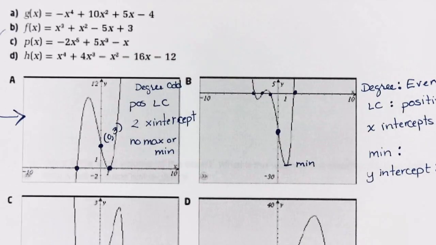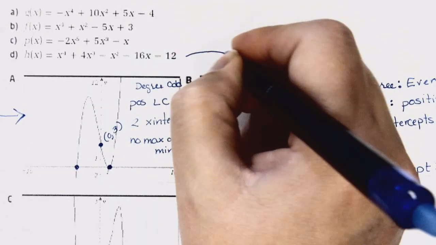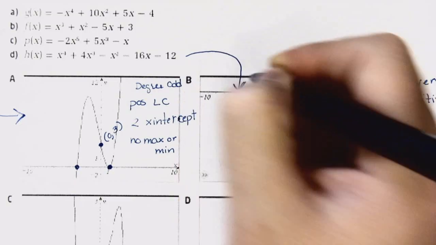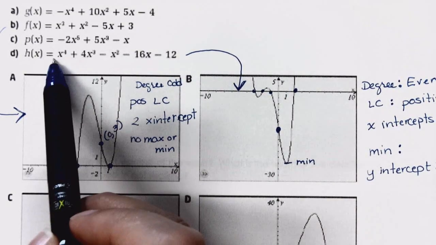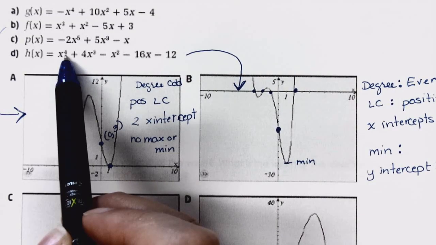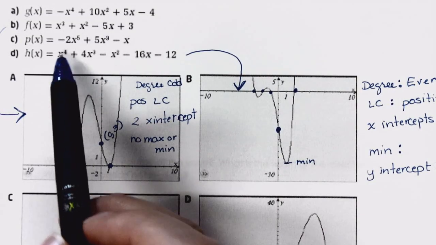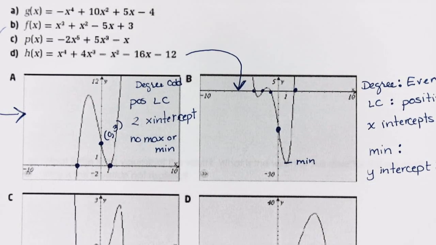All right, that means equation D belongs to graph B. Just to double check, we have a positive leading coefficient and a degree of 4. You know how when you were learning this in grade 9 we always said to put your exponents in order, from highest to lowest? There is a purpose to that. It makes it so much easier that you're not looking around in the equation to do it.